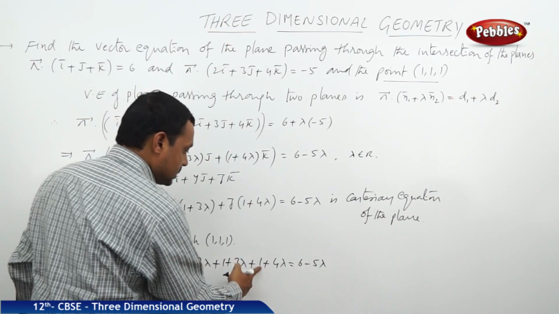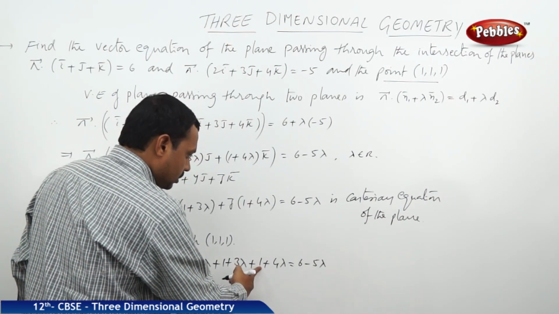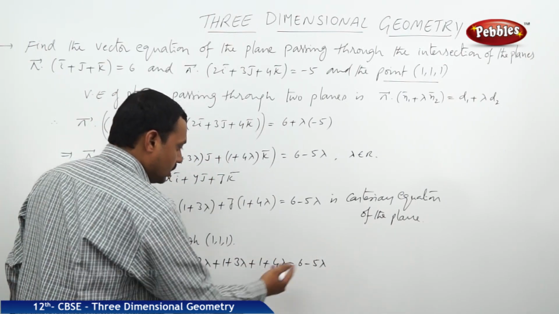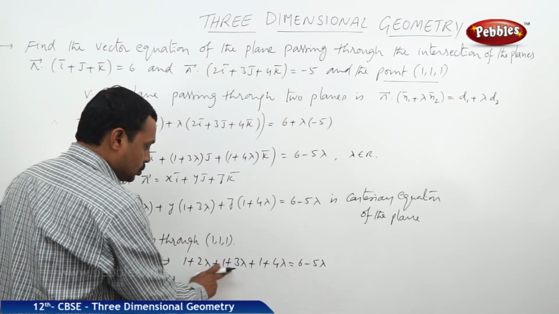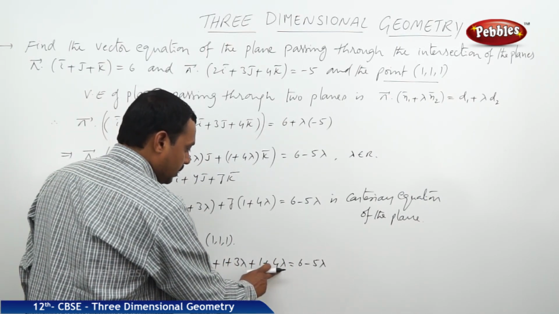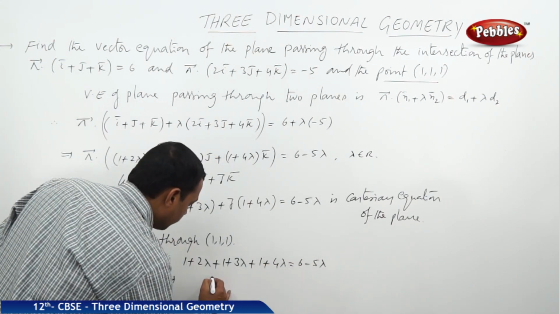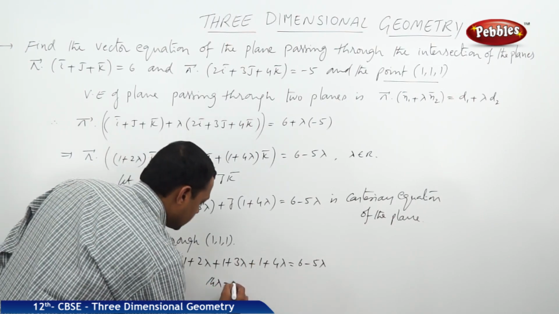What about this? 1 plus 1 plus 1 is 3, and move this 3 to the right side, 6 minus 3 is 3, and move this minus 5 lambda to the left side, then it is 2 plus 3, 5, 5 plus 4, 9, 9 plus 5, 14. 14 lambda is equal to 6 minus 3, 3.